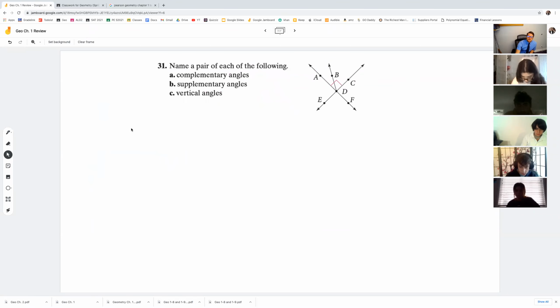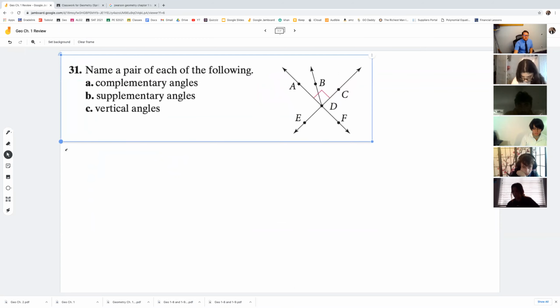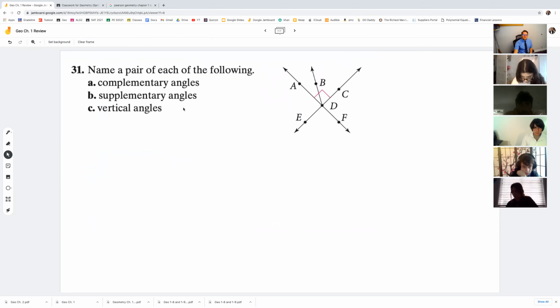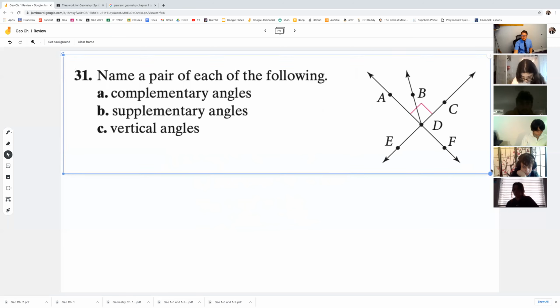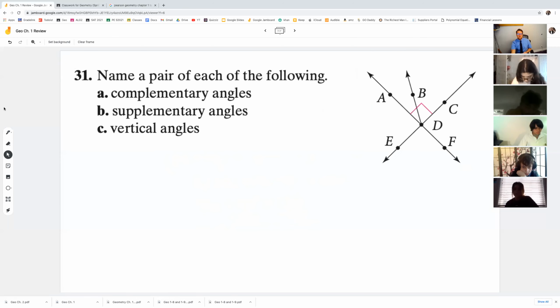Now let's look at this. Name a pair of the following: complementary angles, supplementary angles, and vertical angles. Very, very important. Here we go. ADB.